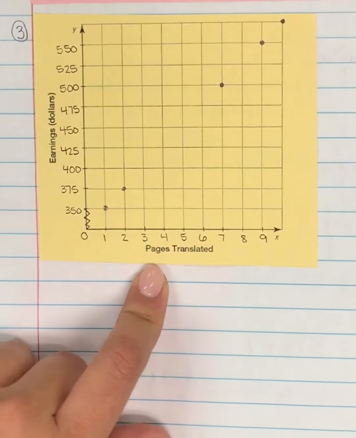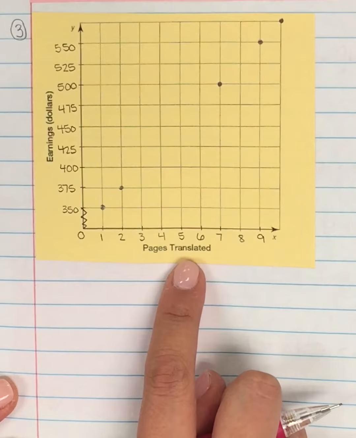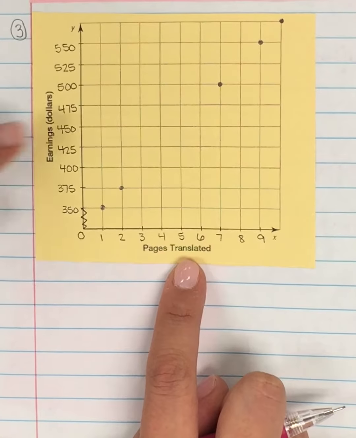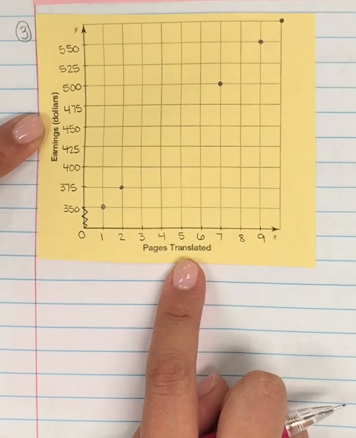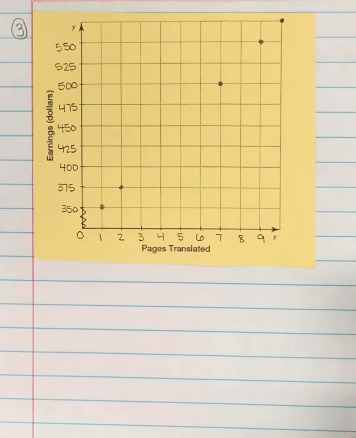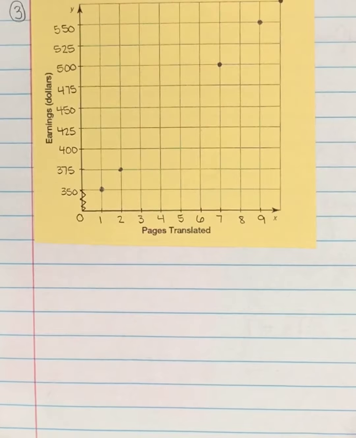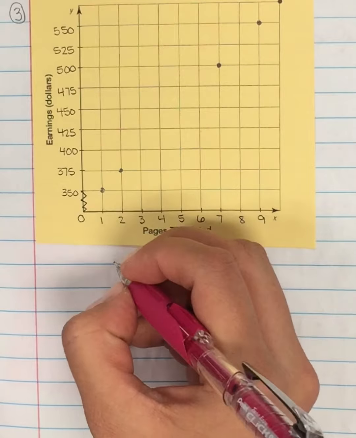On the x-axis, I have pages translated. Can we have half of a page? Sure. Look at what's on the y-axis. Can you have half of $1? Of course you can. Since we can have half of each one of those, that means I can connect these dots, so our graph is going to be continuous.